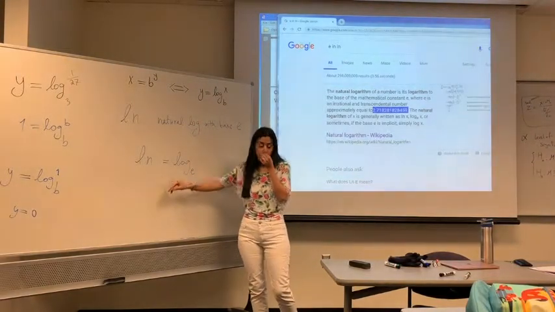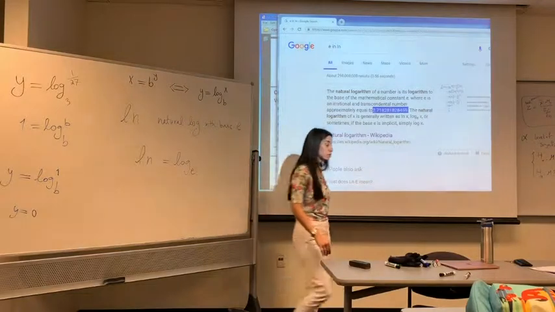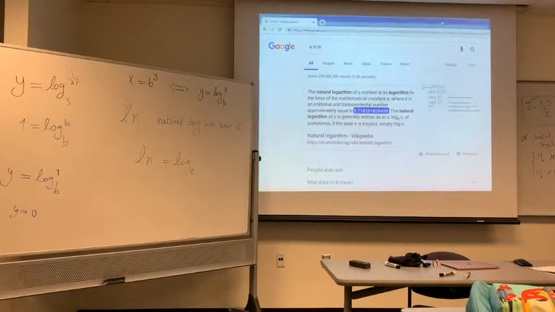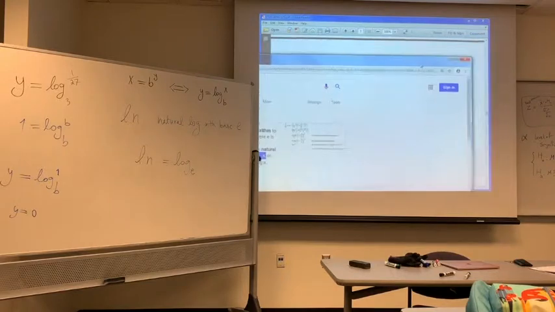This has lots of application in physics, in architecture, everything. So whenever you see ln, it means a logarithm with base e, and e is this number, 2.7182. As you see here also, log x base e is what we call natural logarithm. Okay.